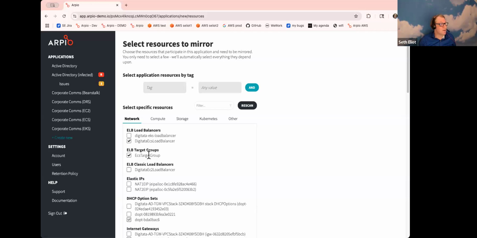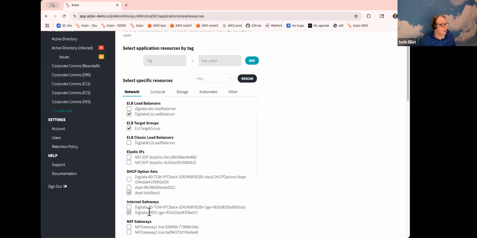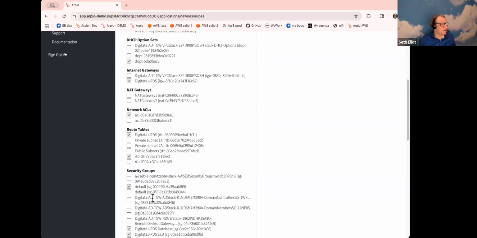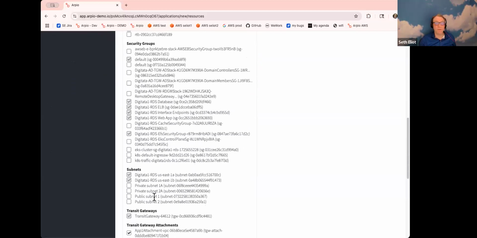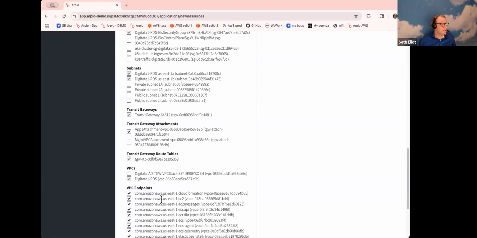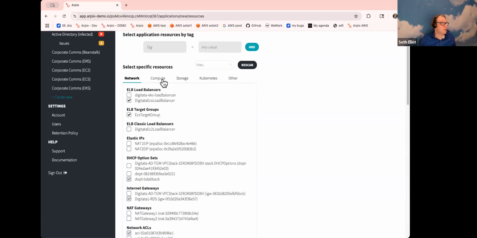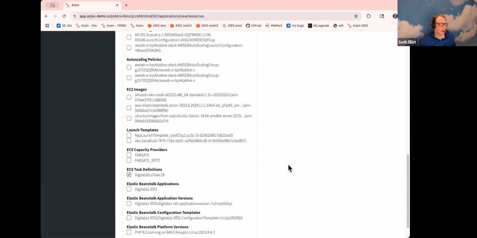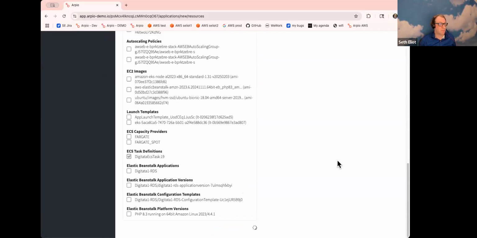Everything else I need got selected: the target group, the internet gateway, the ACLs, the route tables, security groups, all this stuff you wouldn't think about when you're protecting a workload, transit gateway, VPC endpoints, and specifically the actual ECS service and clusters and repositories. With just one click of the button, RPO intelligently understands your workload. And I can then just come here and say finish.